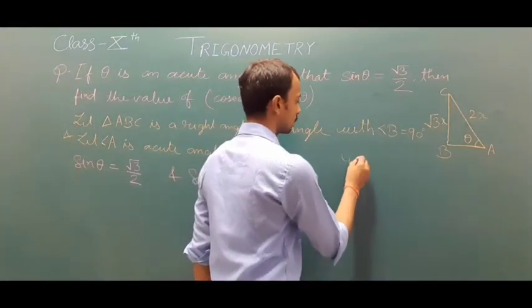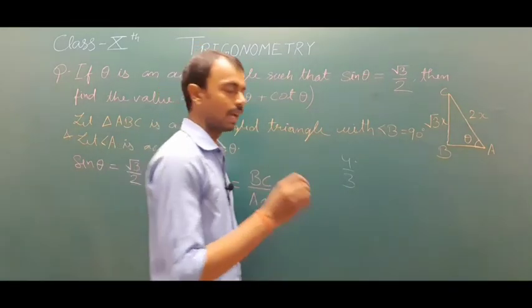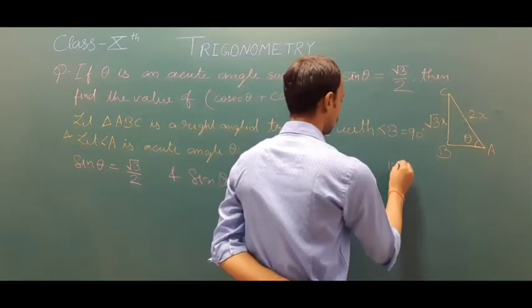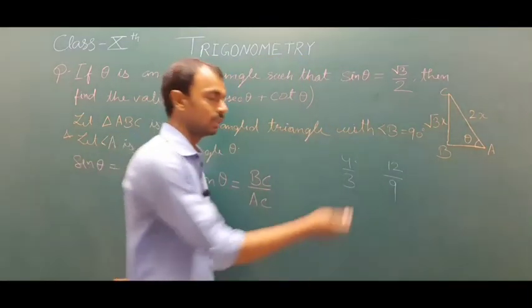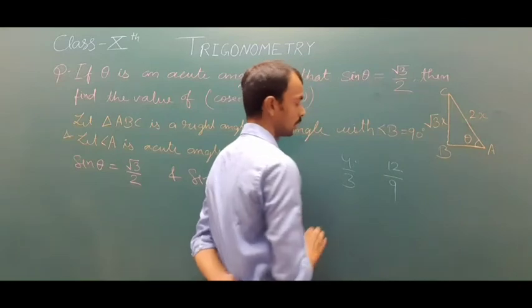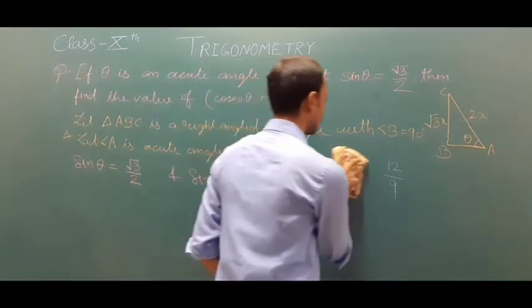Suppose the ratio is given as 4 upon 3. So the value will not necessarily be 4 upon 3. Value can be 12 upon 9. Okay, so the value is 12 upon 9, but the ratio will be 4 upon 3. So ratio and value are different things.